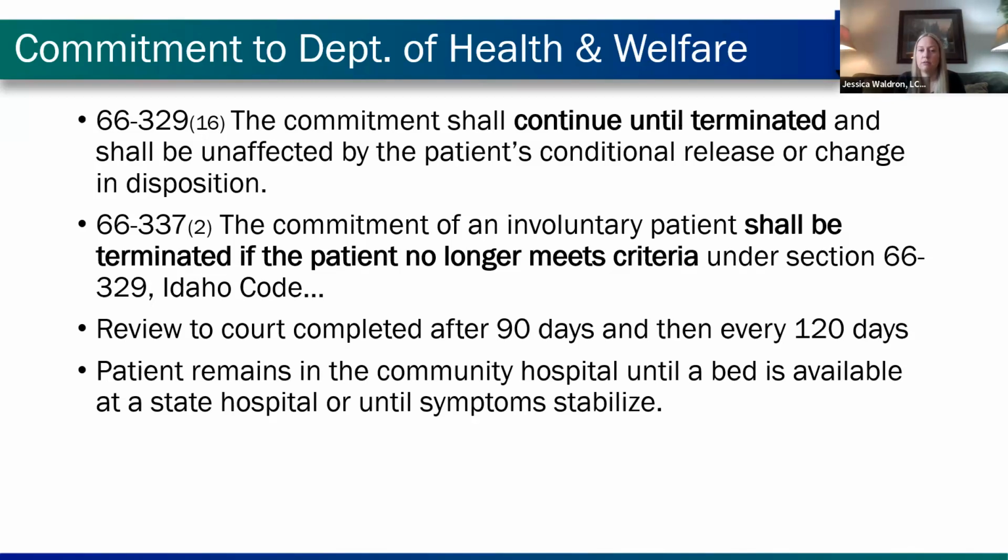But we can terminate the commitment from the community hospital if that patient's symptoms stabilize while they're there. So that process is just the treating psychiatrist at the community hospital makes a request for a reevaluation of commitment. And then we as the DEs go into the community hospital and reevaluate whether or not that patient still meets that criteria.